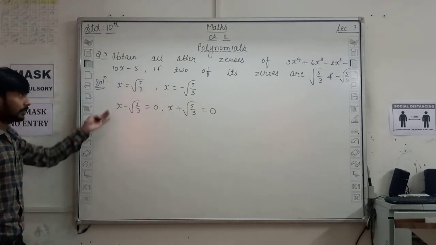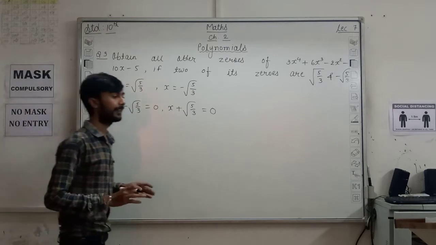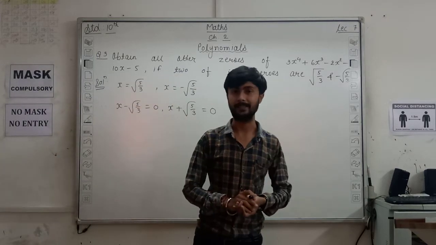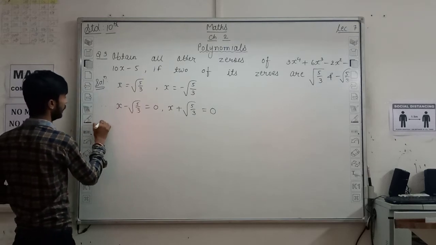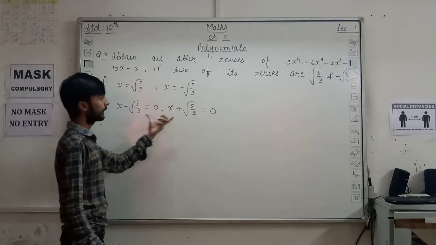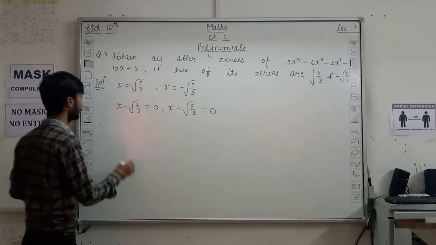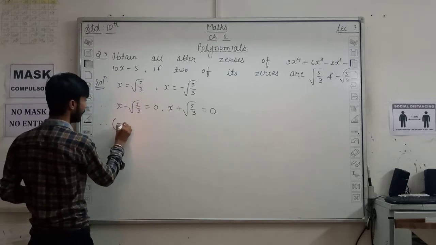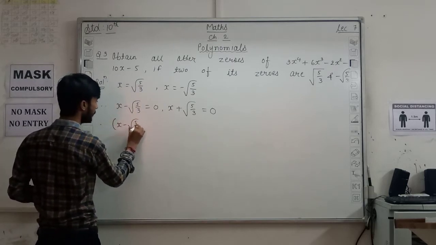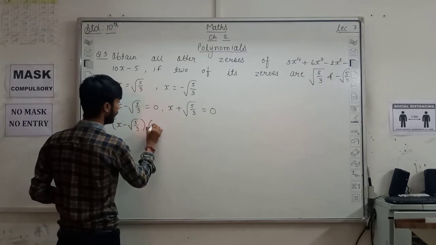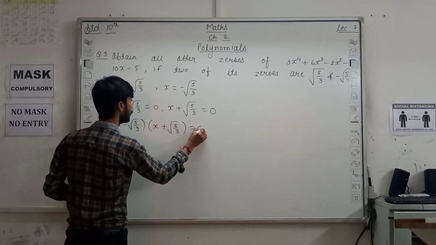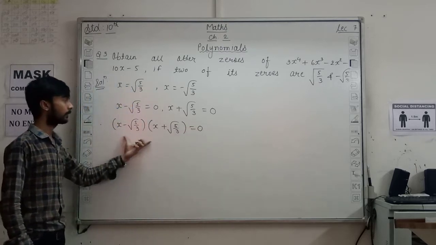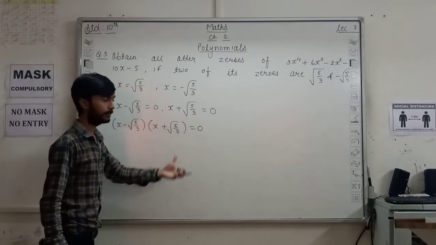Now reverse process. If we have any quadratic polynomial and we factorize it, we get this type of term, 2 brackets equals 0. That means x minus square root of 5 by 3 and second bracket x plus square root of 5 by 3 equals 0, right? It will be like this only then we can put them separately equal to 0.